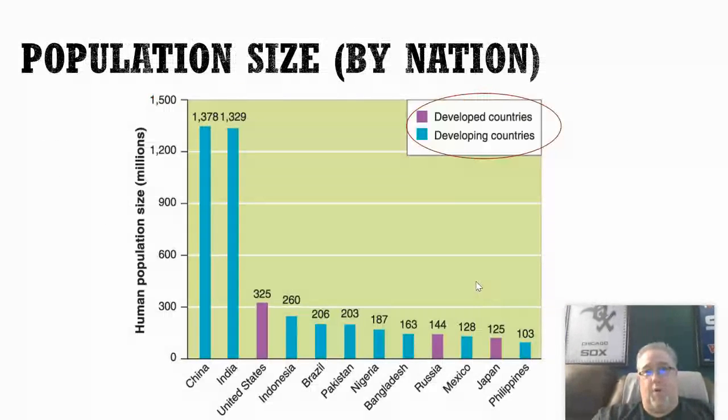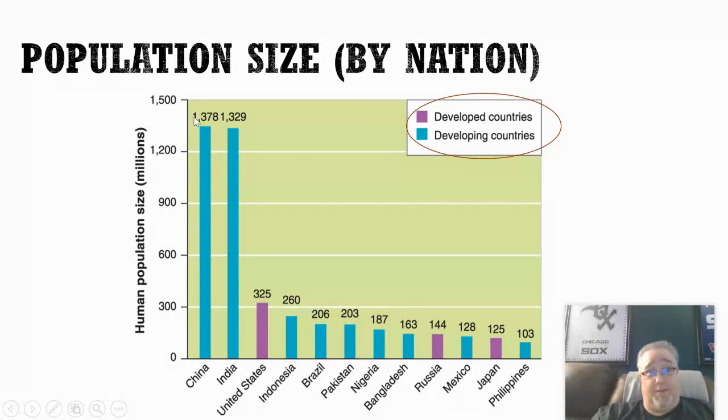Looking here at this graph, the first of several graphs that you'll see in the next couple videos. This is showing us the top 12 countries in the world by population size. And a couple of things stand out here. Number one is there are two countries that are far and above anybody else as far as population size goes.